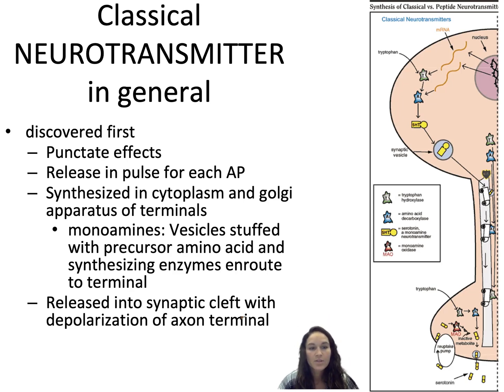Then the neurotransmitters can get synthesized either in the cytoplasm and packaged into vesicles as they're coming from the Golgi apparatus. So in the soma, the vesicles are going to be stuffed with neurotransmitters on their way down the axon, and also at the level of the axon terminal.